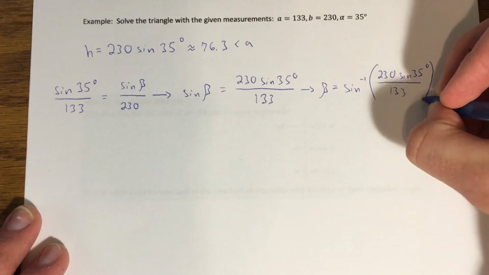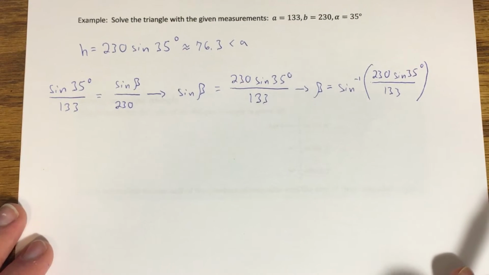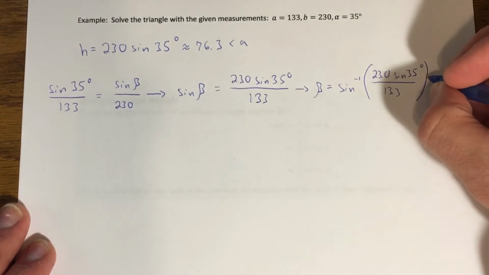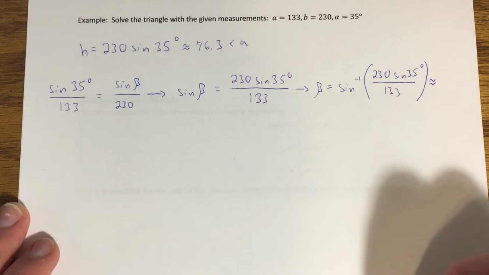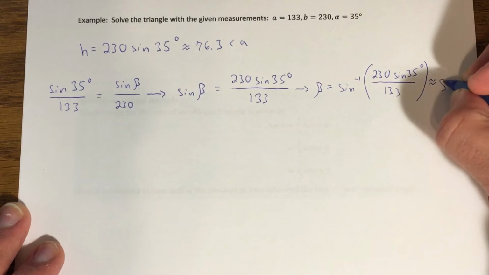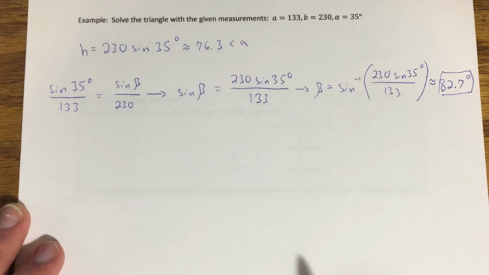Notice I still haven't punched anything into a calculator, because this is the stage where I'd want to do that. Everything goes in all at once. In this case, beta is going to come out to approximately 82.7 degrees.